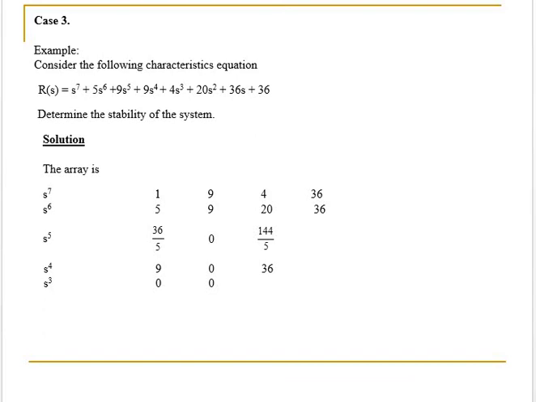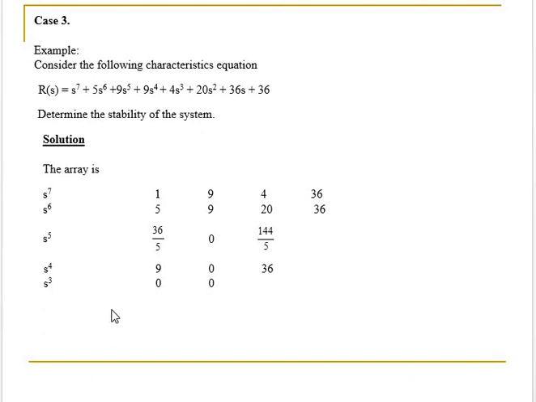Determine the stability of the system. First we develop the array, that is, we get it from this formula. B1, B2, B3, C1, C2, C3, and then D1, D2.